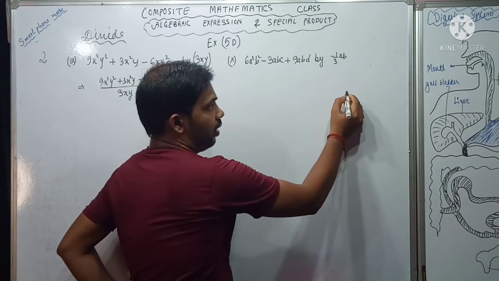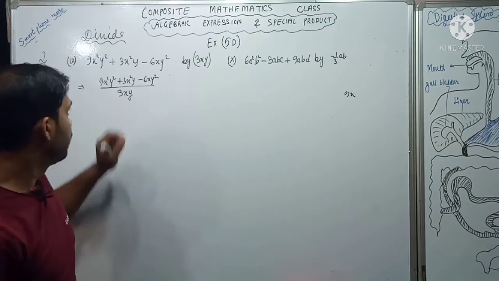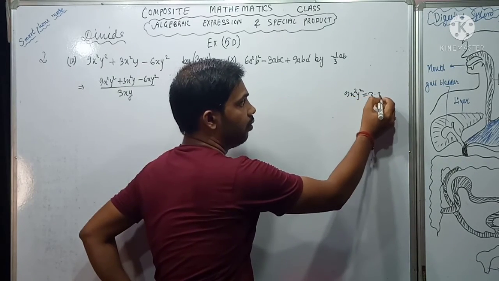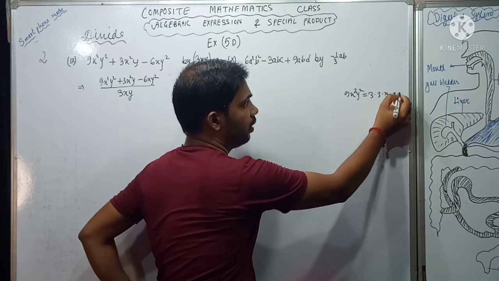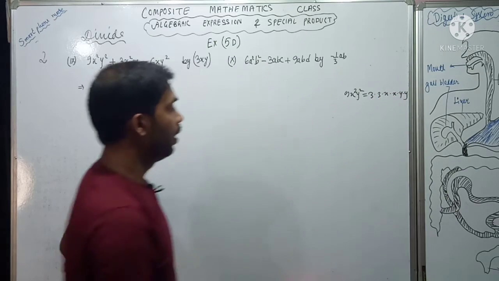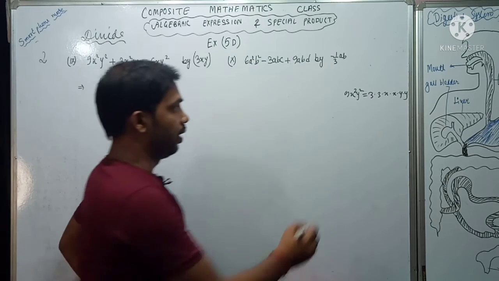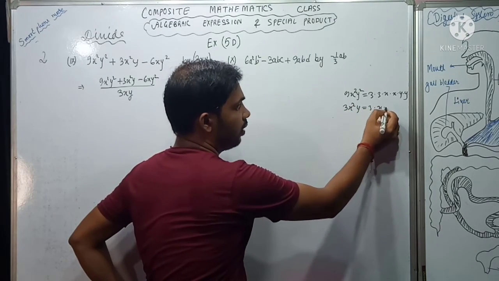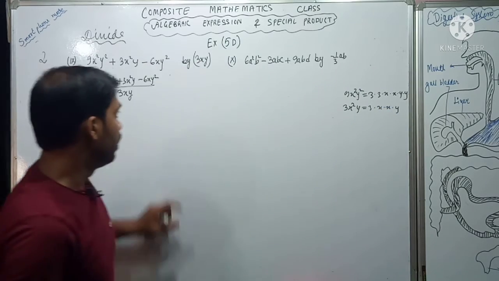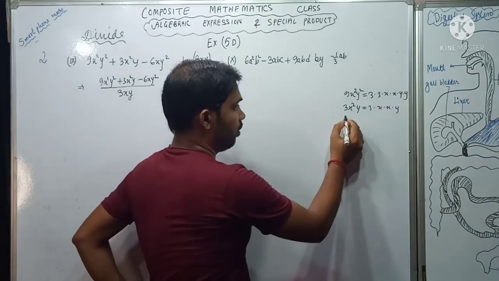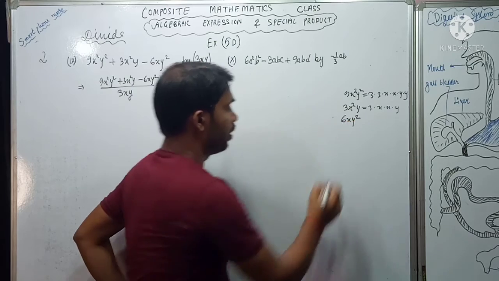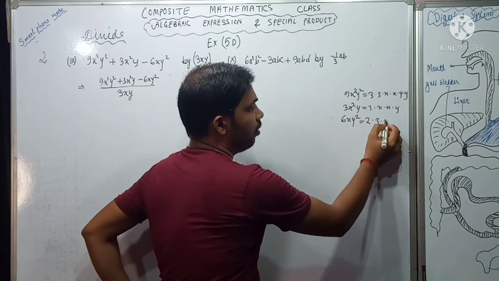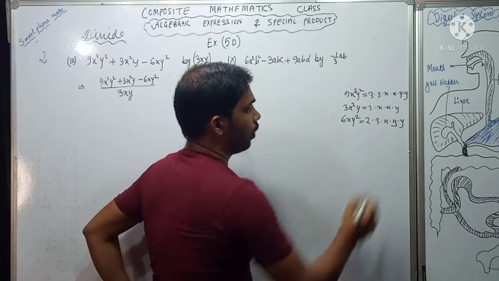So first is 9x square y square, which you can write as 3 into 3 into x into x into y into y. The next part is 3x square y, so you can write 3 into x into x into y. Next part is 6xy square, so you can write as 2 into 3 into x into y into y.